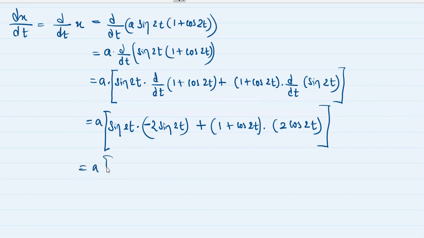Okay, so we have got minus 2 sine square 2t plus 2 cos 2t plus 2 cos square 2t.